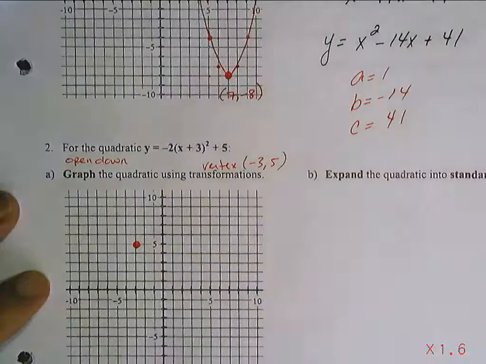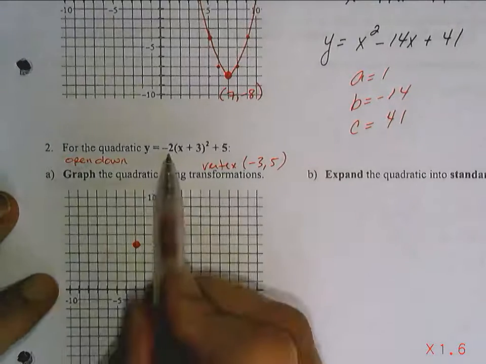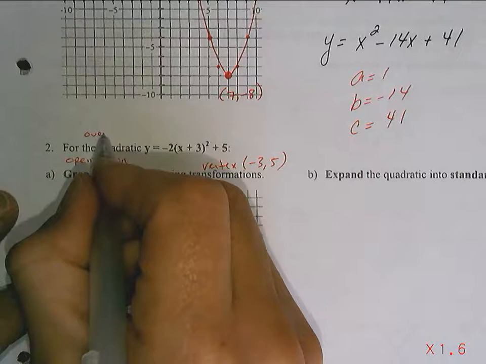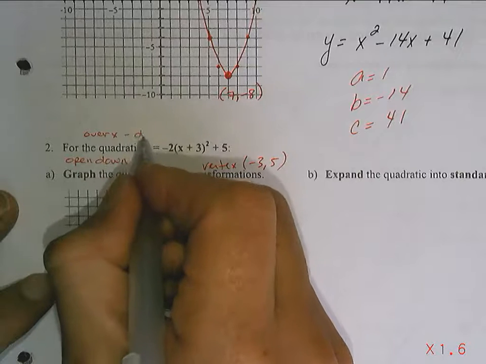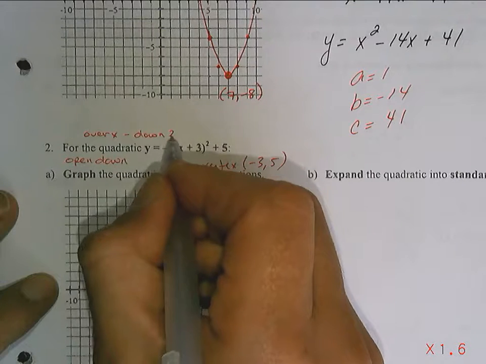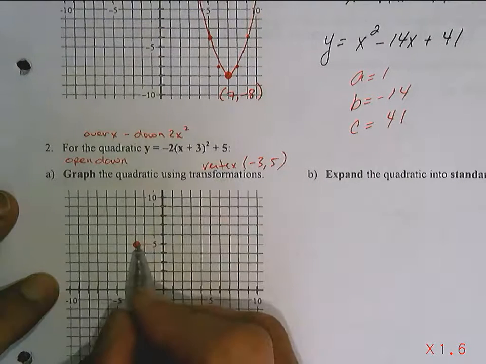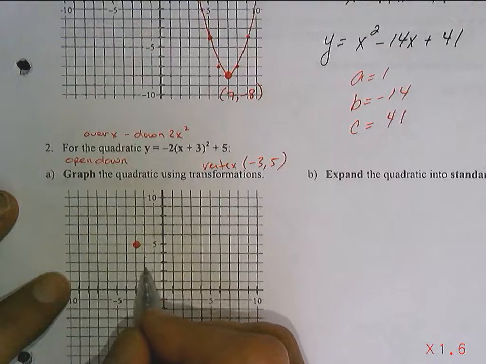So it's going to be over 1 down 2, because it's 2 times 1 squared. And then over 2 down 8, because again, that step pattern has changed. So this is over x, down 2x squared. Over 1 down 2.